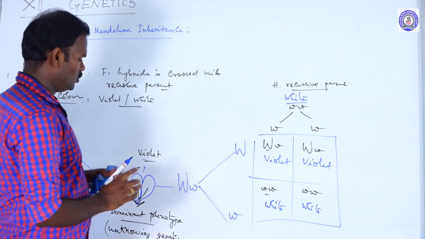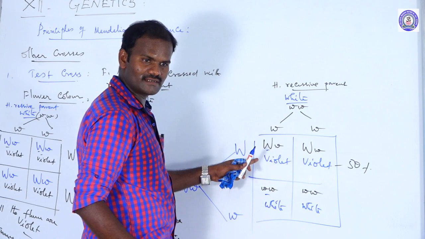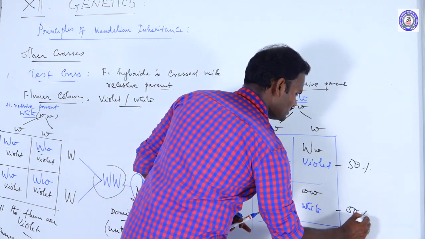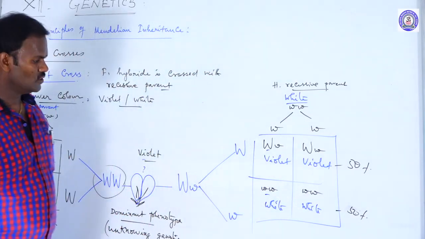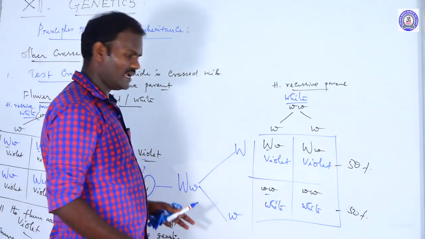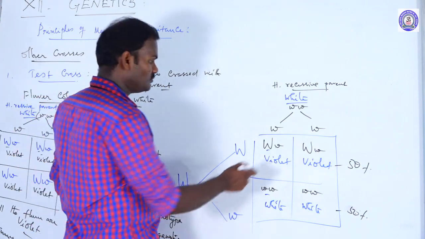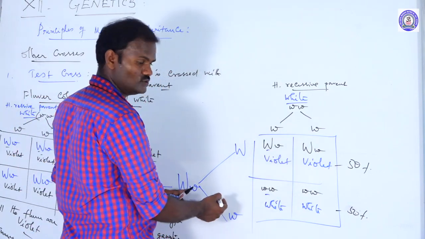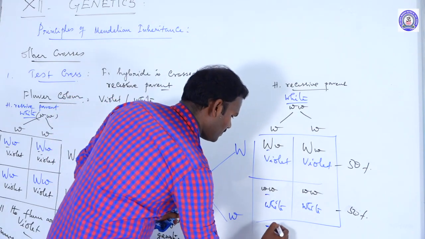As a result, we obtained 50% violet flowers, where the dominant character is expressed, and the other 50% where the recessive character is also expressed. From that result we can conclude the genotype of the unknown flower, because both characters are expressed. The unknown is definitely heterozygous dominant, no doubt at all.